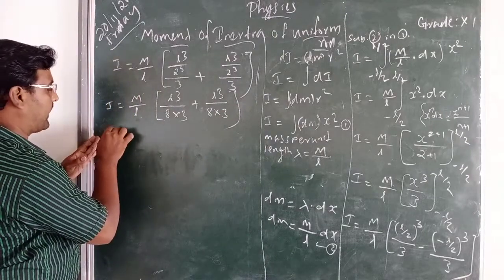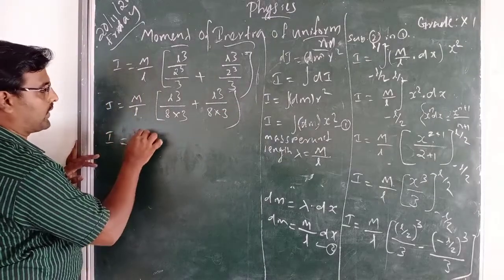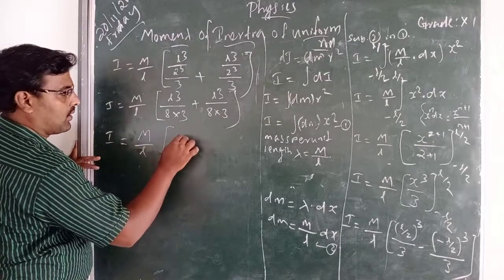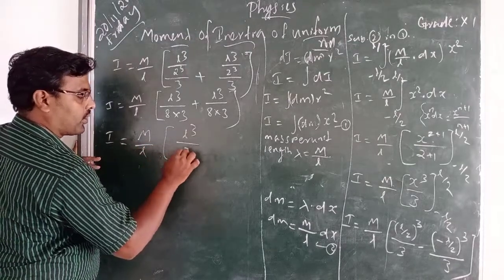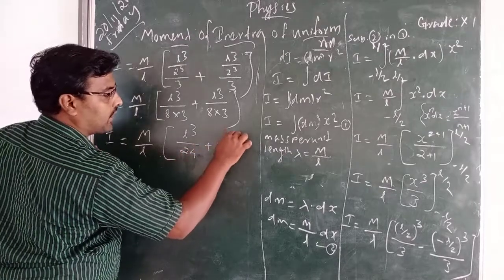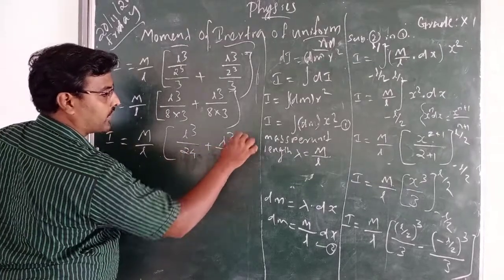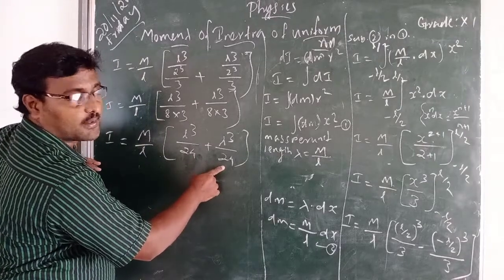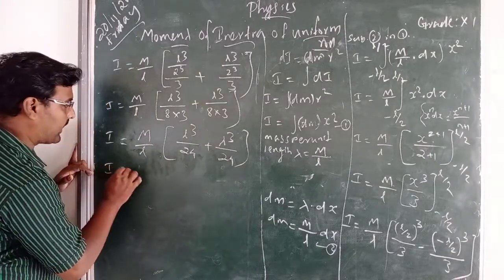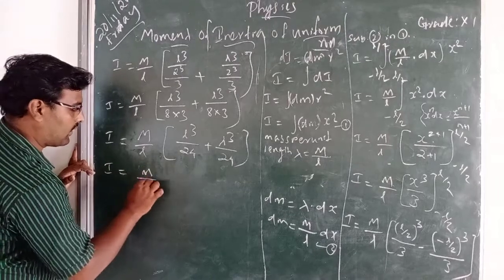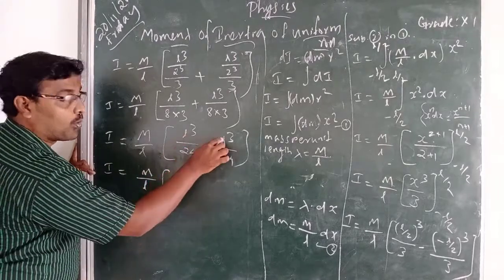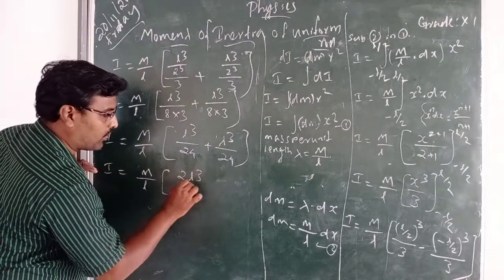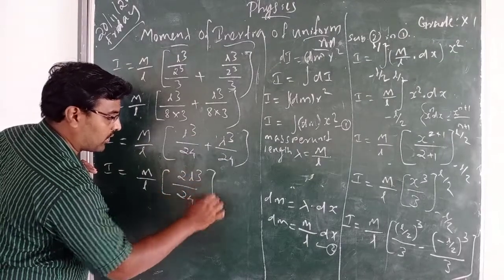So I equal to m by L, L cube by 24 plus L cube by 24. Now you see the denominator part is same. So I equal to m by L, L cube plus L cube. 1 L cube plus 1 L cube is 2 L cube by 24.